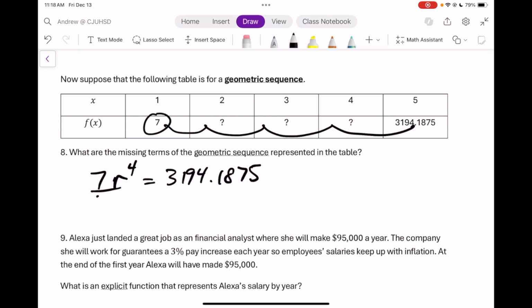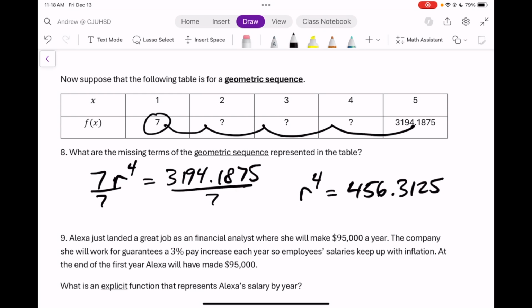We divide by 7. r to the 4th is 3194.1875 divided by 7, which is 456.3125.